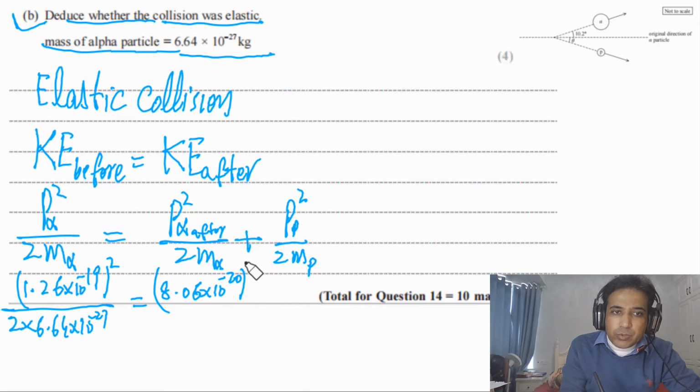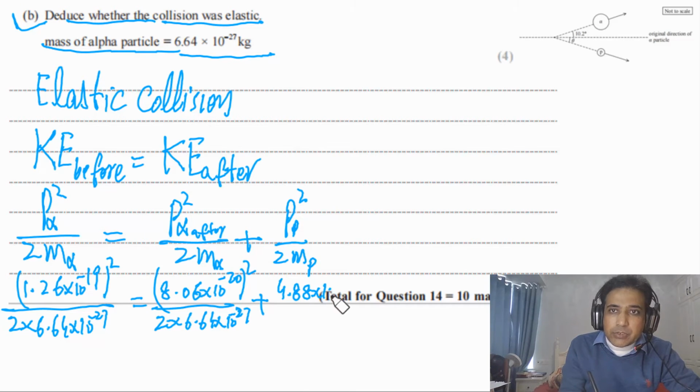We take the square of this, divided by 2 times the mass of the alpha particle, 6.64 times 10 to minus 27, plus the momentum of the proton. The momentum of the proton we have just calculated was equal to 4.88 times 10 to minus 20 newton seconds, squared, divided by 2 times the mass of the proton, which is 1.67 times 10 to minus 27.